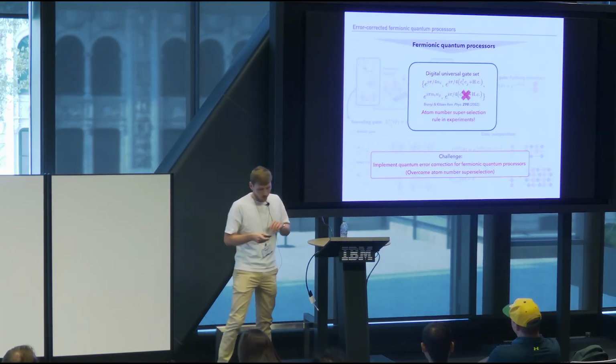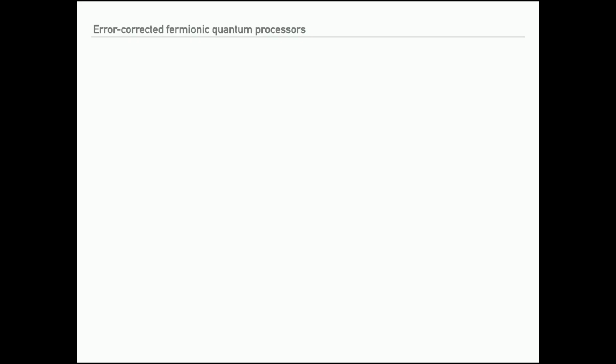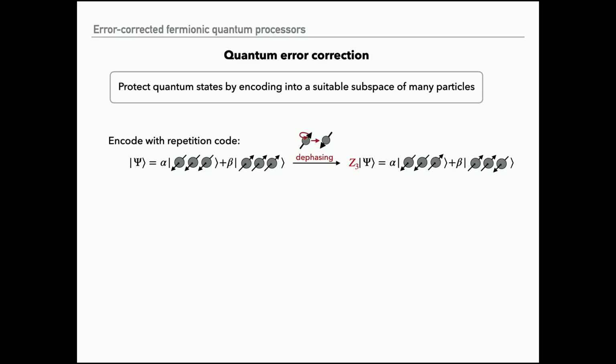So I want to walk you on the next slide a little bit through this challenge and also recap some basics about quantum error correction along the way. Quantum error correction means we want to protect quantum states by encoding them into a suitable subspace of many particles, or few. Here I'm showing an example of a repetition code.